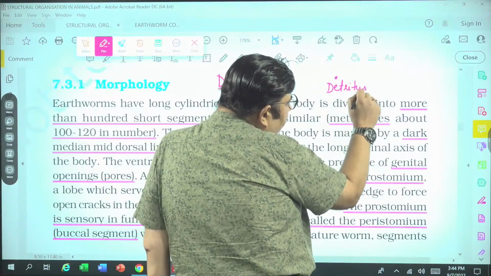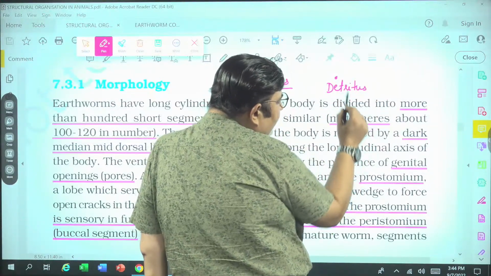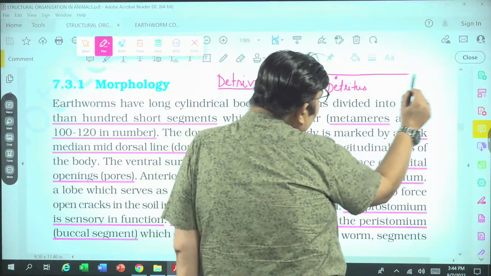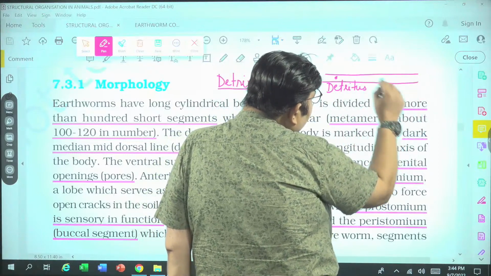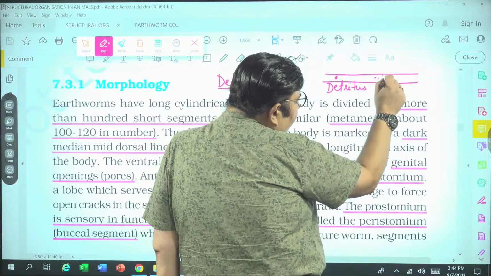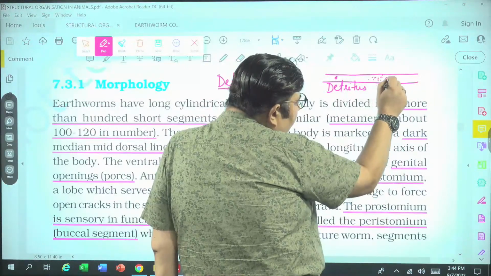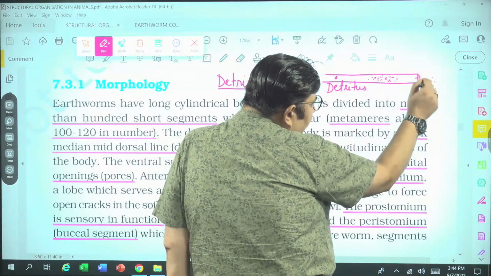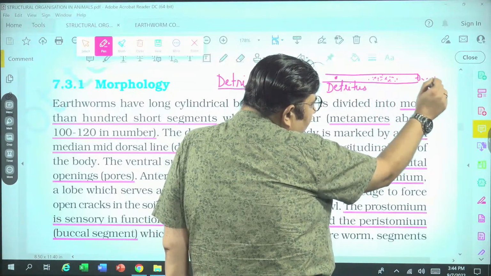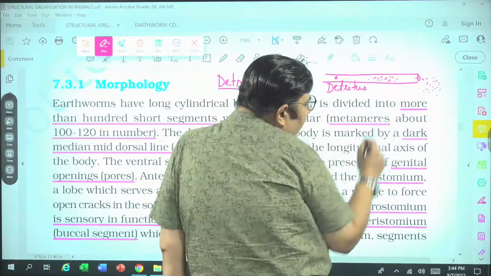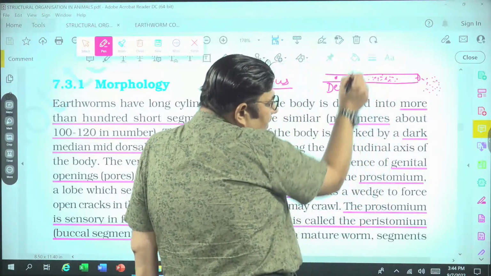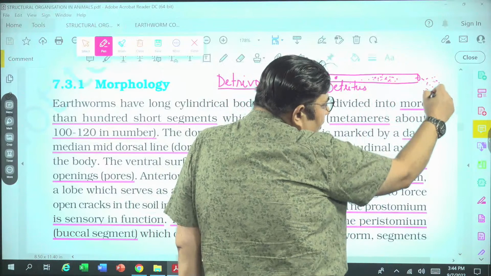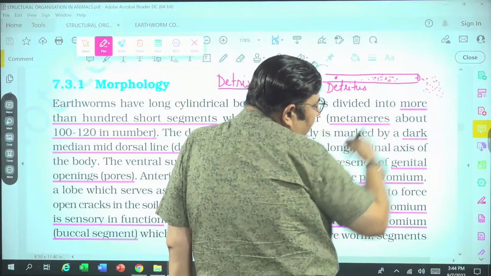The dead organic matter in the soil is called detritus, and detritus goes into their alimentary canal, and inside the alimentary canal, fine fragmentation happens. Through their anus they release these small parts. Some part of it they digest also, and the remainder they remove through the anus.